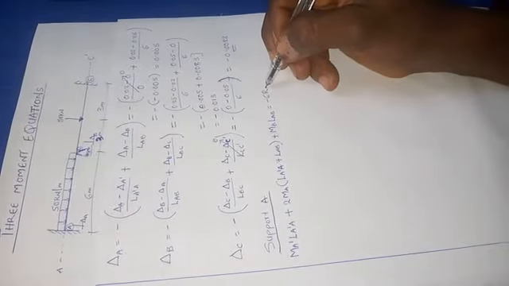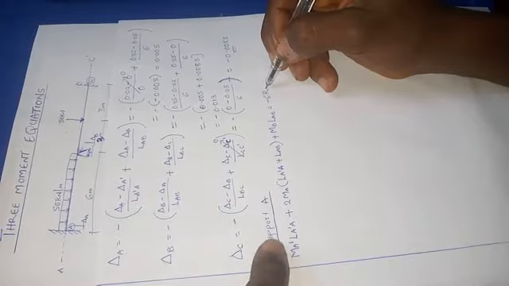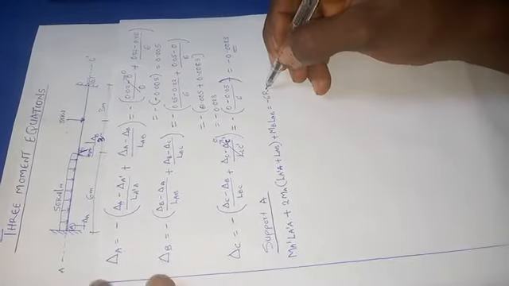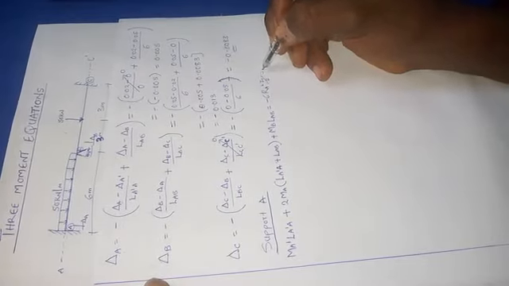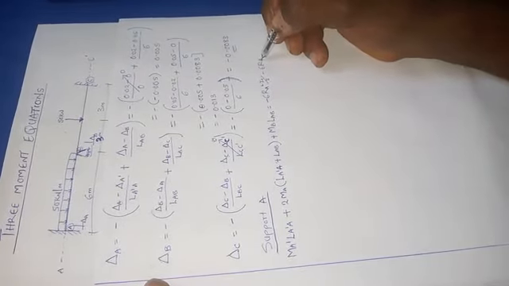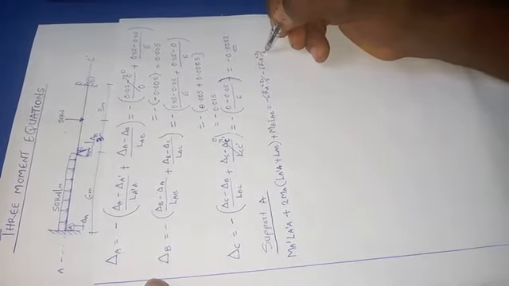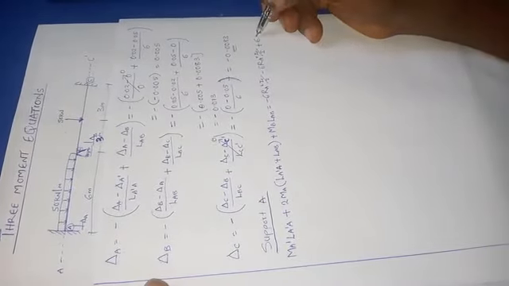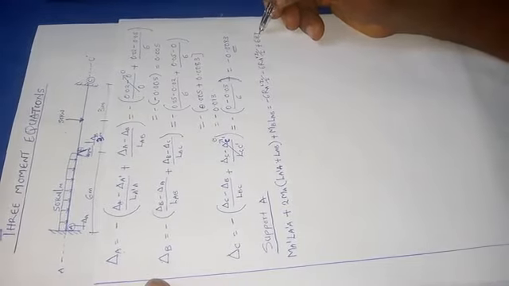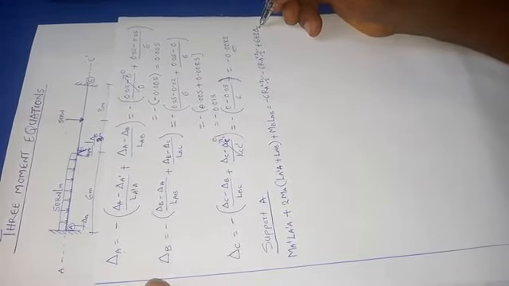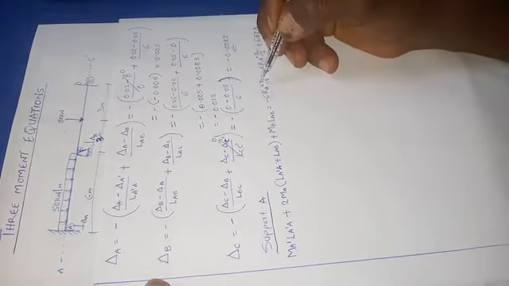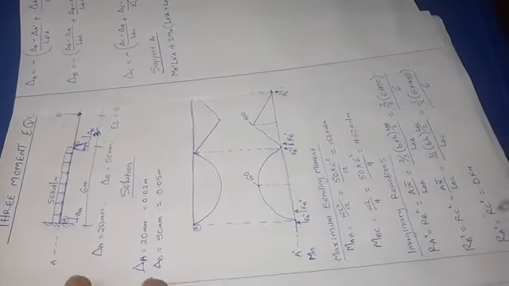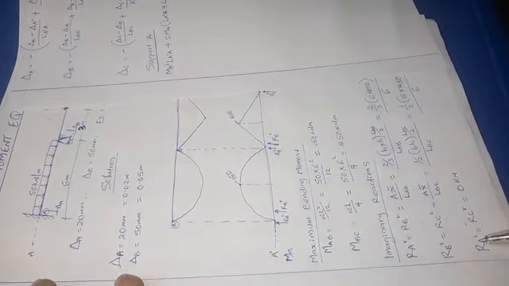Since I am at A, I'm going to be using my reaction at A left and my reaction at A right. So minus 6 the reaction at A left, I naught over I, minus 6 the reaction at A right, I naught over I, then plus 6 multiplied by the Young modulus multiplied by the settlement at A. But at this instance, our reaction at A left was equal to 0. Remember, from where we did this, our reaction at A left was equal to 0.